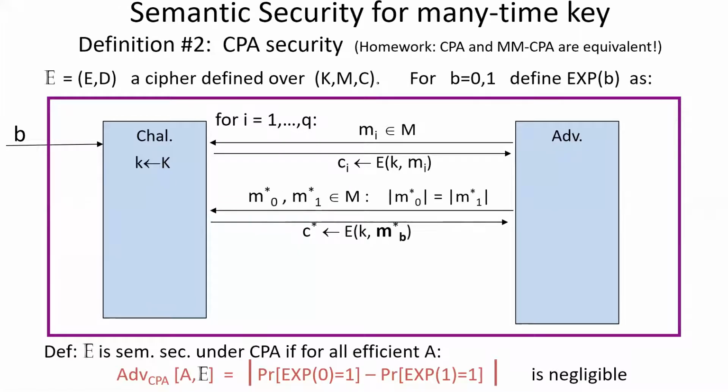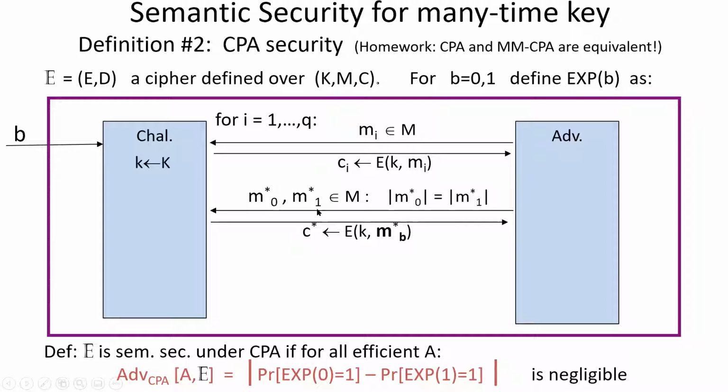Then at some point he decides on a single pair. Unlike in the previous picture, it's not always pairs, but at some point there is a pair. These are called challenge messages. So these are referred to as chosen plaintext attack queries. These are referred to as the encryption challenge query.